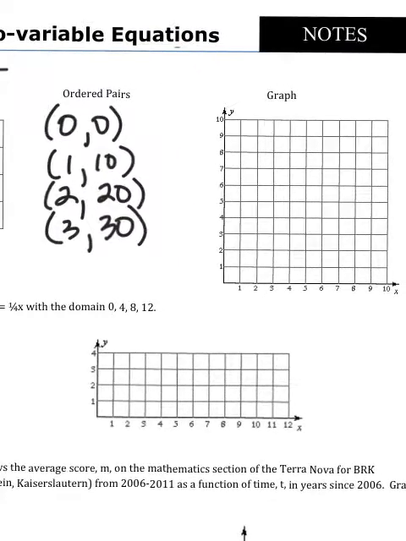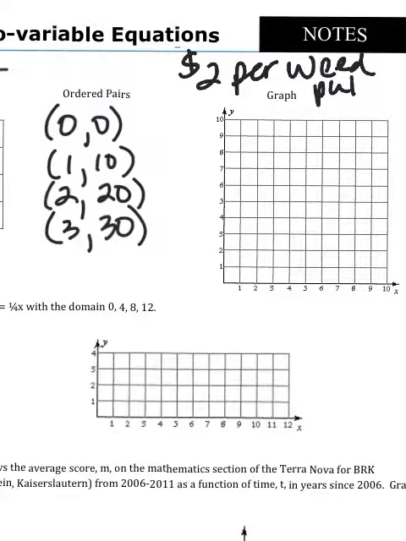So let's go ahead and, let's say, we're not going to graph this one. Let's say you got paid $2 per, I don't know, let's say per weed you pull. Okay, so this would be the number of weeds you pull.